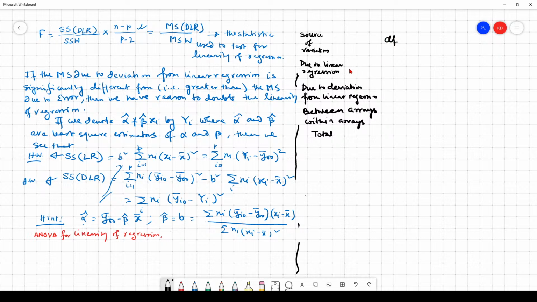Due to linearity, the degree of freedom is 1. Due to deviation from linearity, this is p minus 2. Within arrays, this is n minus p.